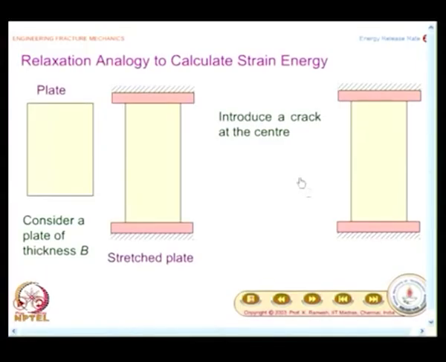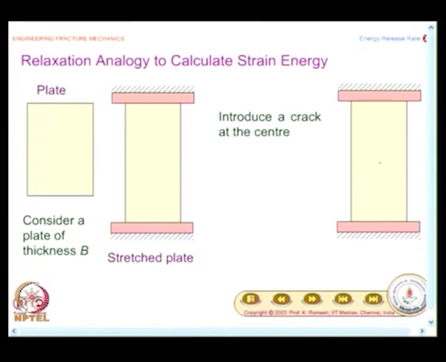For the formation of a crack, you need surfaces to be formed, and energy is required to form these surfaces. This energy would have come from the strain energy of the system. What is the kind of situation we are analyzing? We are looking at fixed grips, so there is no external work done.